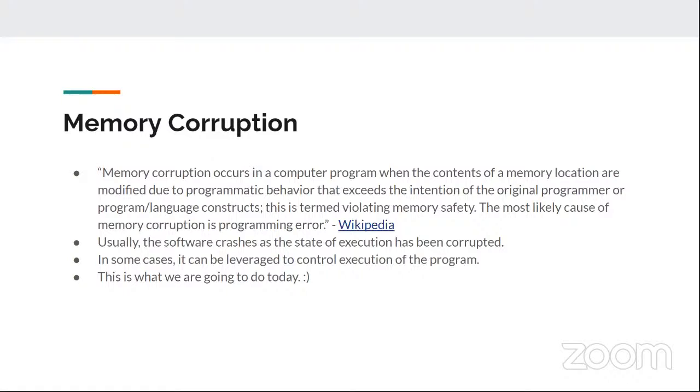So the whole purpose of this workshop is to see how to convert a memory corruption bug into the ability to control the execution of the program process. So let's see how it works.